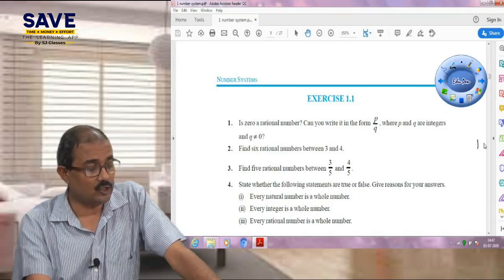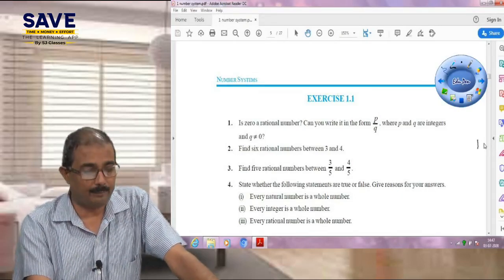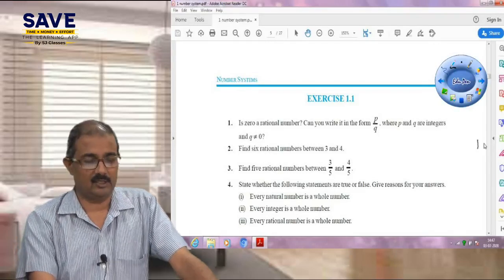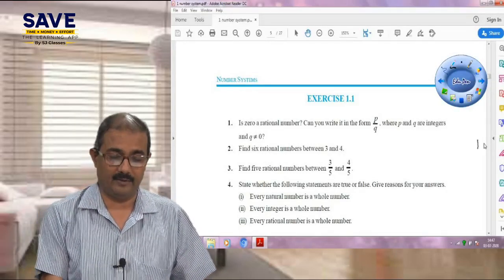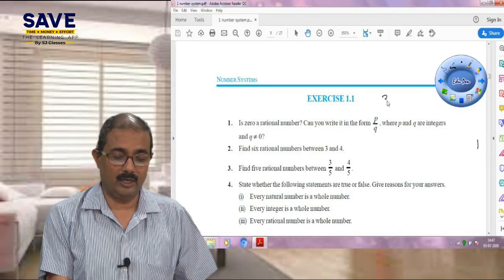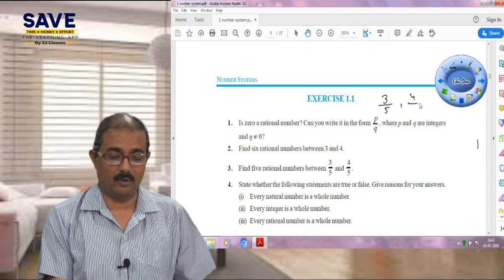Now in question number 3, you have to find 5 rational numbers between 3 upon 5 and 4 upon 5. See in your book, all of you, 3 upon 5 and 4 upon 5.